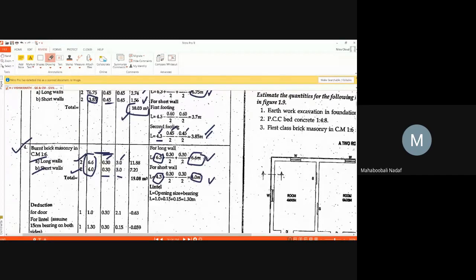So this 6.6 is written here, and this 4 meter is written here. When you multiply, you will get 11.88, and for this row, you will get 7.2. You add the long wall and the short wall, and you will get 19.08 cubic meter of brick masonry.